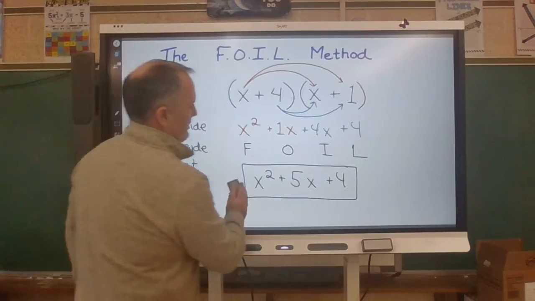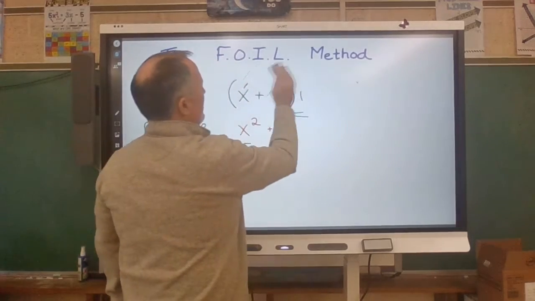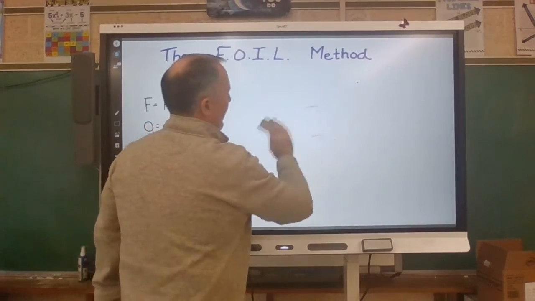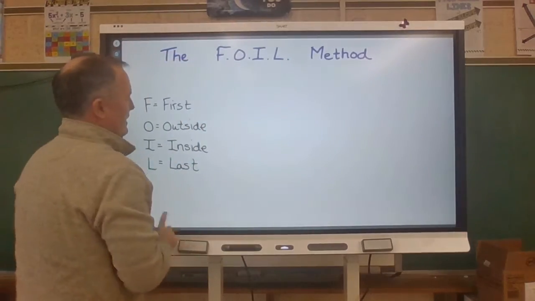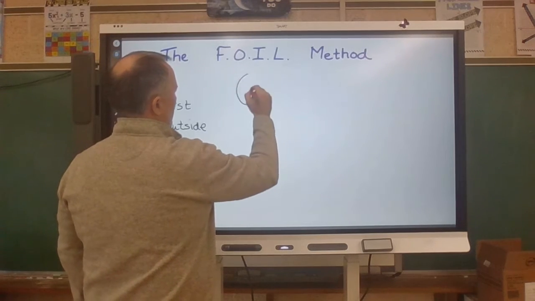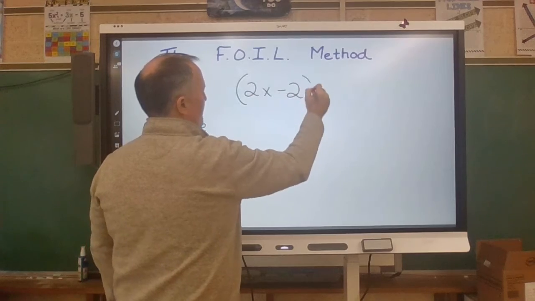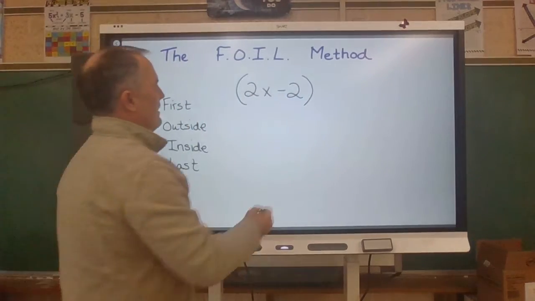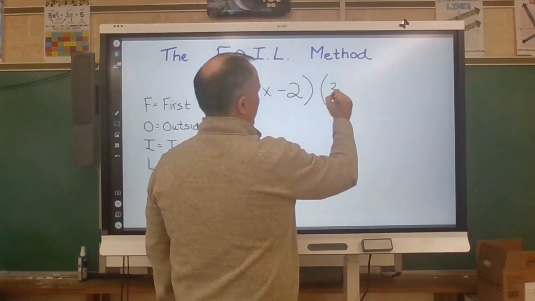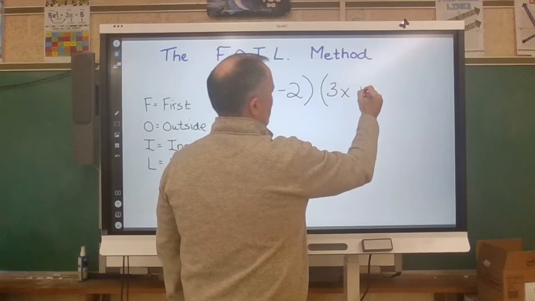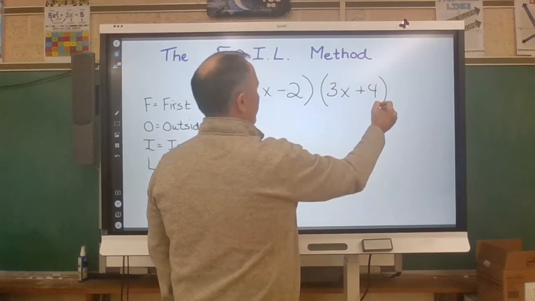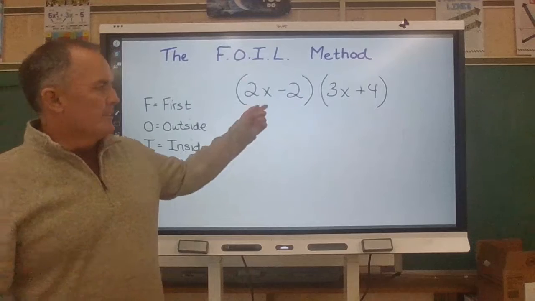All right, let's do another one. So when numbers are out in front. Let's do 2x, we'll throw a minus sign in there, and then we'll do a 3x plus 4. All right, so two binomials.